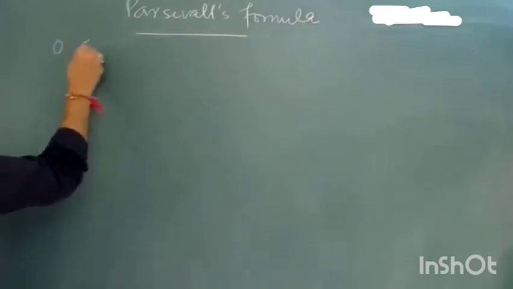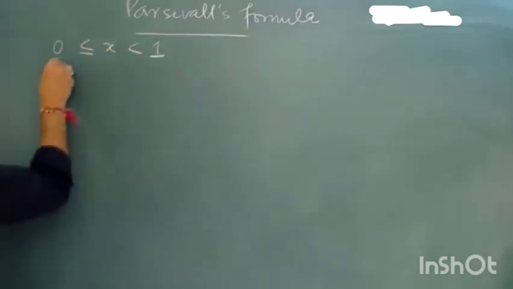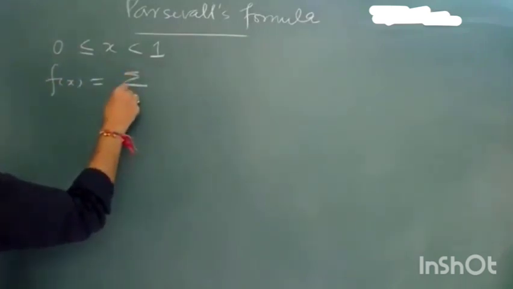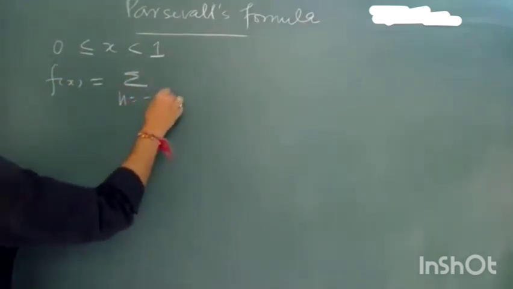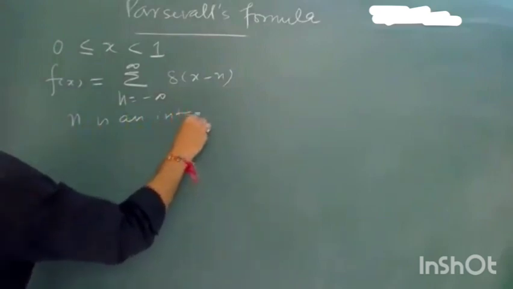One more question. You have to write the Fourier series for 0, x and 1, and the function is given as f(x) is equal to summation n is equal to minus infinity to plus infinity delta x minus n, where n is an integer.